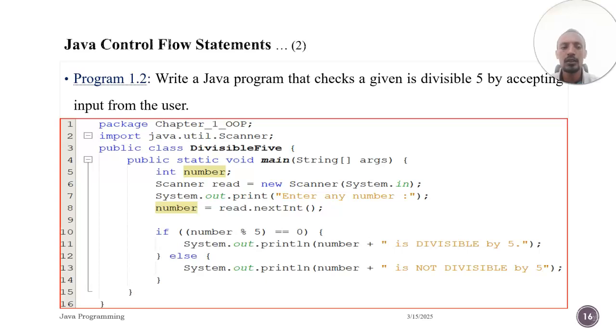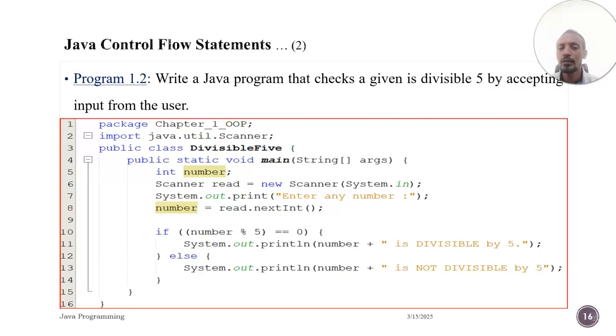So what is our class name? Our class name is Divisible5. Public class Divisible5, then open the curly brace, public static void main, String array args. Int number, we declare a number that we are going to accept. Then Scanner read, the object of Scanner, is equal to new Scanner, where new is an operator to create an object for the Scanner, in brackets System.in.